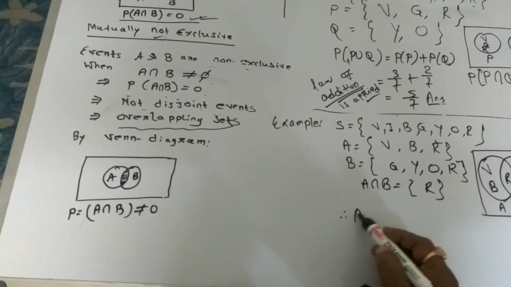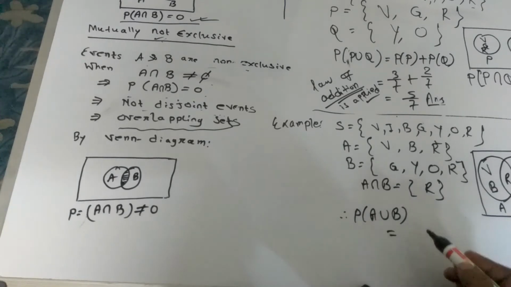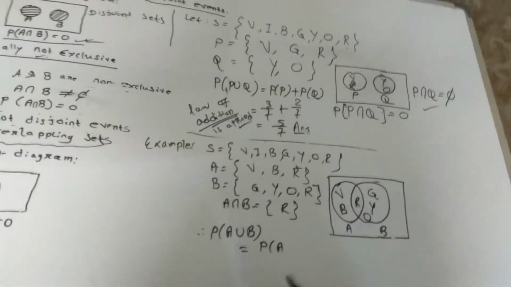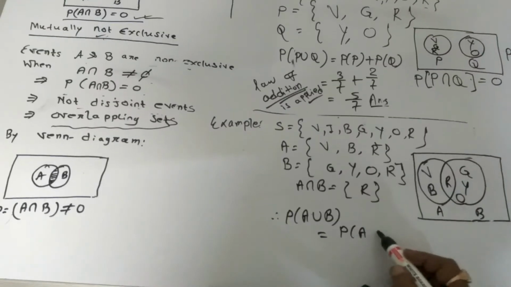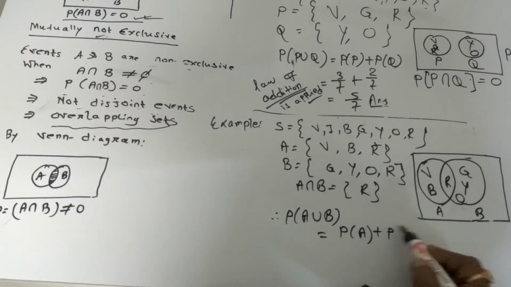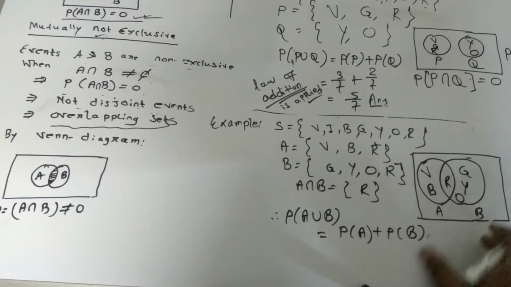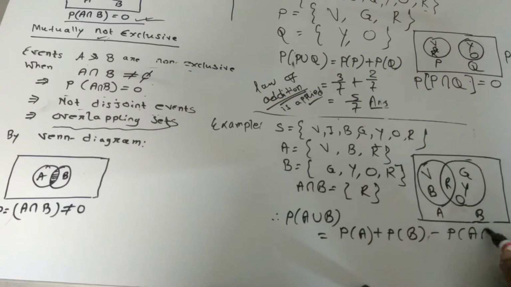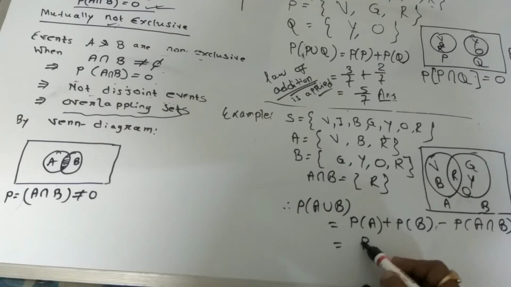So again union: A union B, and the common is to be subtracted, because already when you take A it is considered, so double accounting would occur.